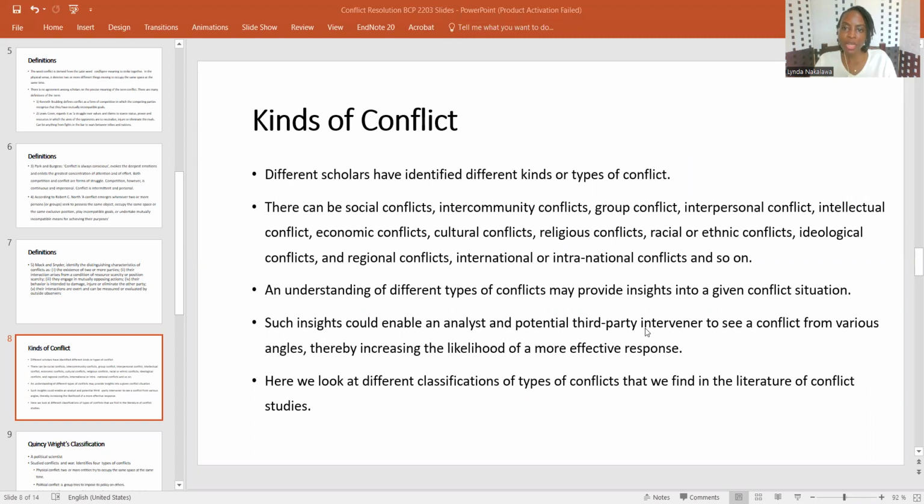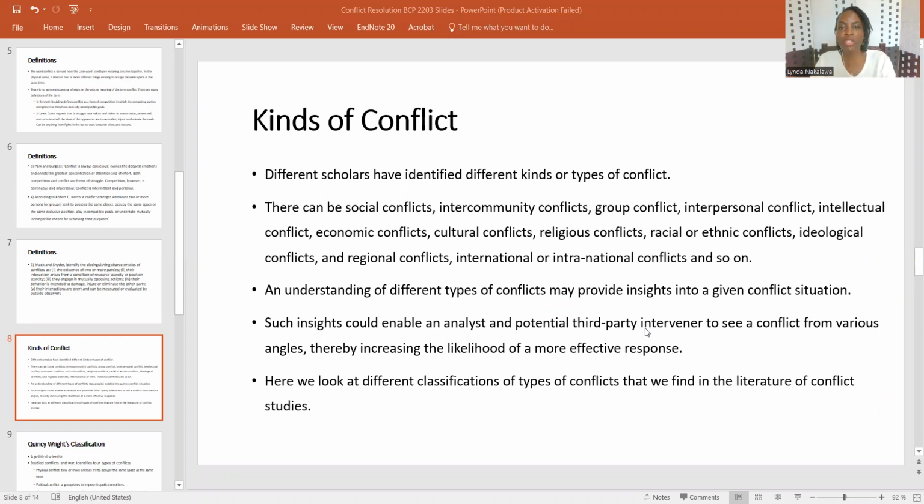Why do you need to understand these different classifications? We say that in your practice as a psychologist, as a community psychologist, you will have to know different ways of looking at conflict. Because when you know different ways of looking at conflict, you can look at conflicts from different angles.